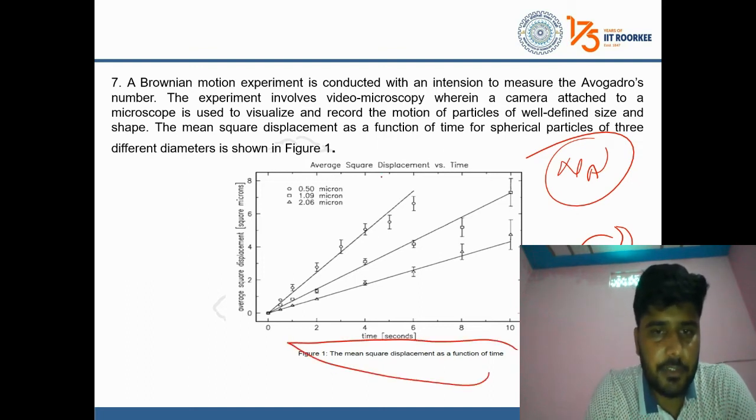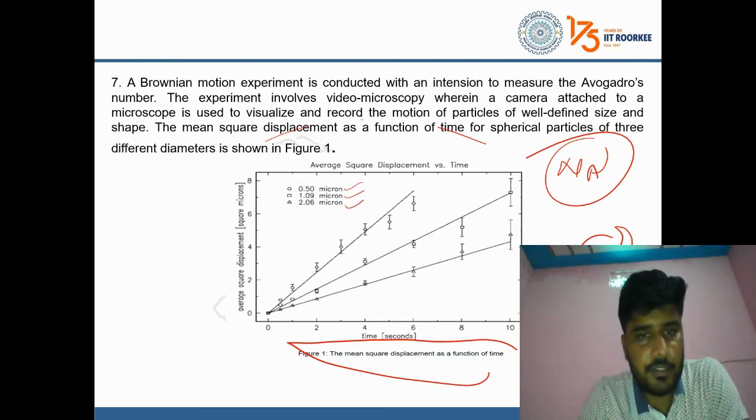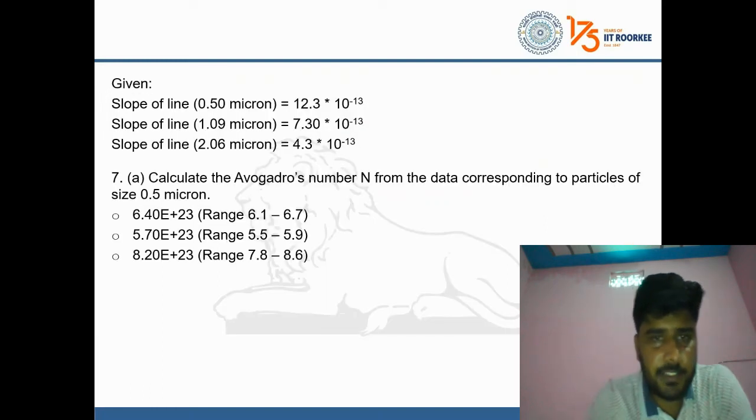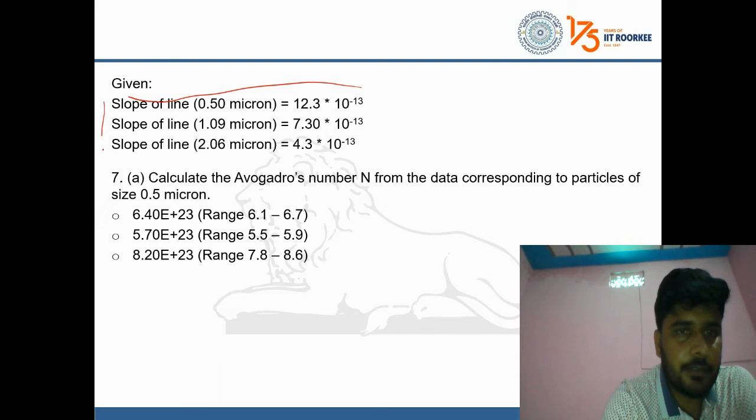Okay, so we got these three straight lines for different diameters of particles. One has particles of 0.5 micron, others are having 1.09 micron, and the third one is having 2.606 micron. Okay, so again, these values are given to us.